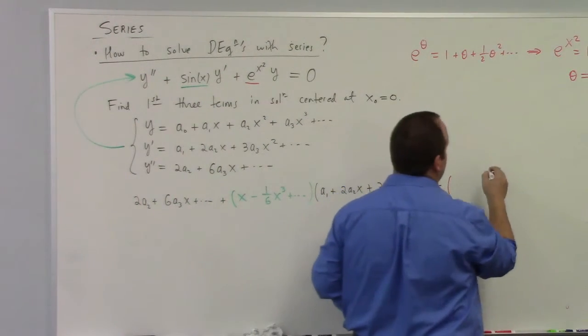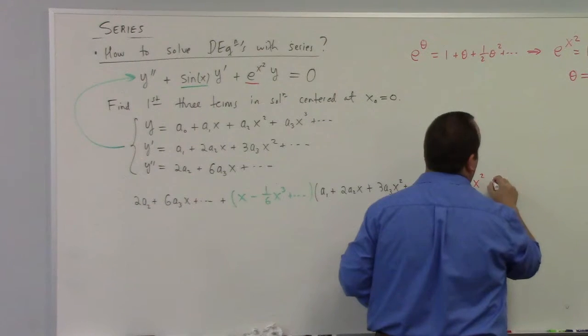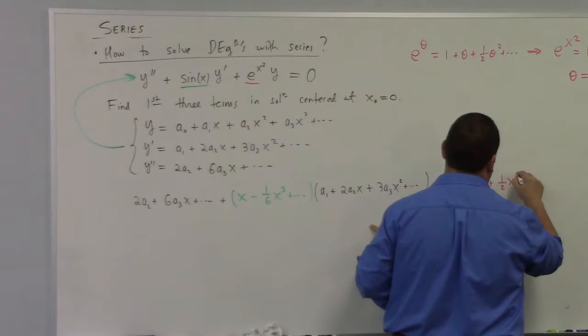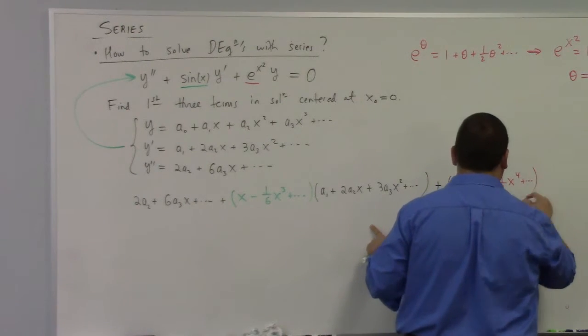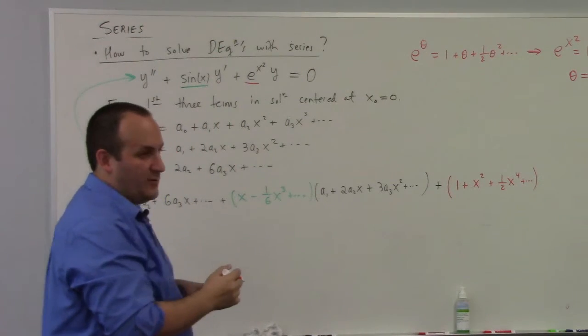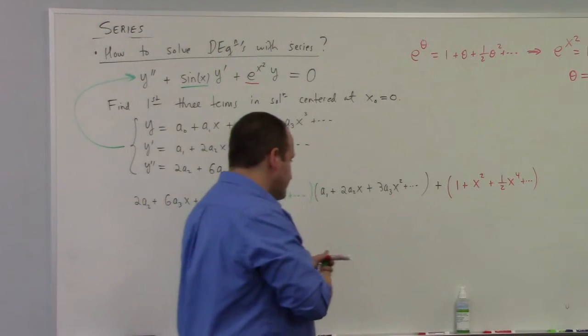Let's see here. 1 plus x squared plus 1/2. I mean, if I had like 4 less classes to teach, I could work the details out for you. Now, I certainly don't need the quartic term. I just wrote it down for kicks. And that gets multiplied by y itself.